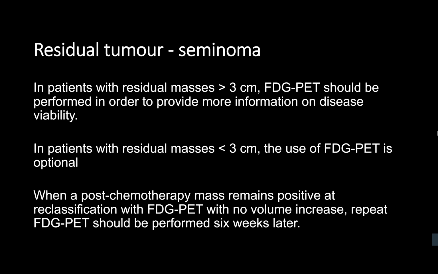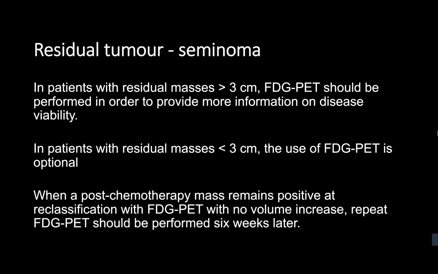If the mass is persistent after 8 weeks, then we need to arrange for the patient to have a PET scan. If the PET scan is showing a hot spot, then we will go with either biopsy followed by chemotherapy or radiotherapy, or the less preferable option is to do a RPLND.